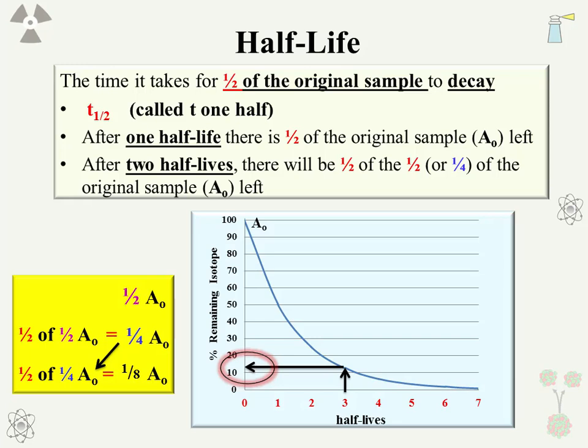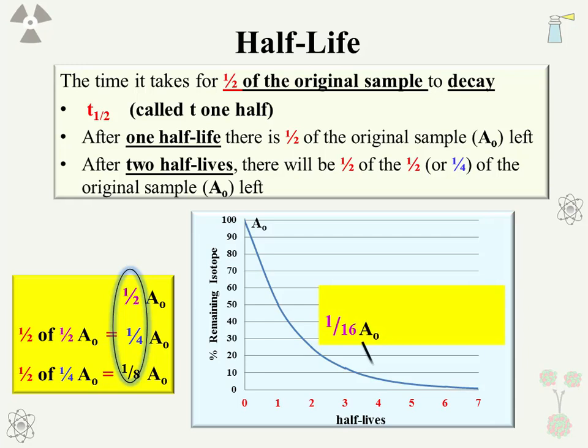A pattern begins to form. Since each half-life cuts the remaining amount of isotope in half, we can simply keep dividing the denominator by 2 to get the fraction of remaining isotope with each additional half-life. 4 half-lives leaves one half of 1/8. One half of 1/8 is 1/16. 1/16 of the original amount of isotope remains.